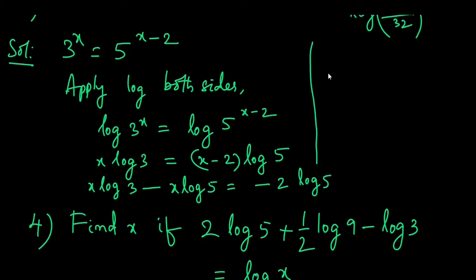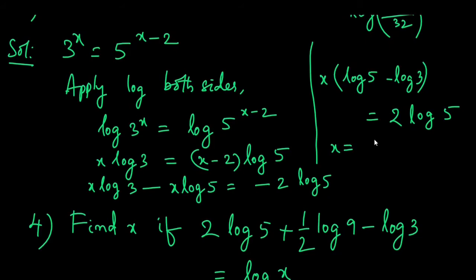So we can write it as x into (log 5 minus log 3). To make this negative sign as positive, I have changed the order here. This is equal to 2 log 5. So x is equal to 2 log 5 by (log 5 minus log 3).